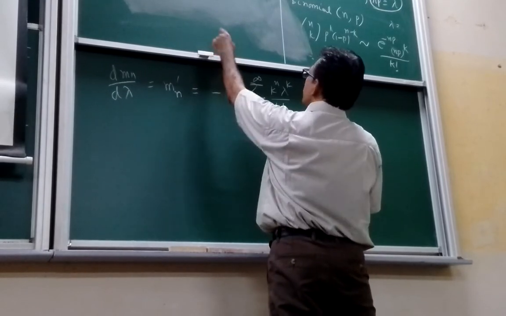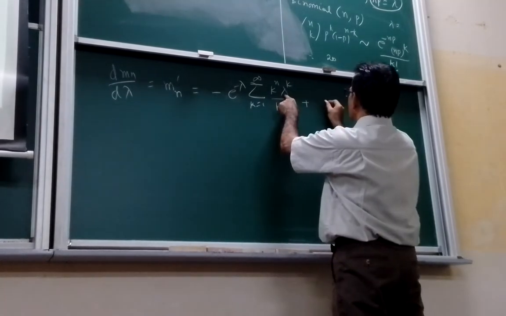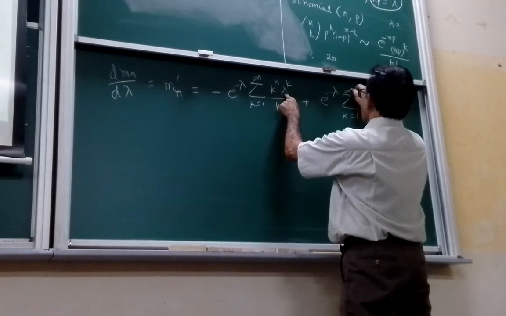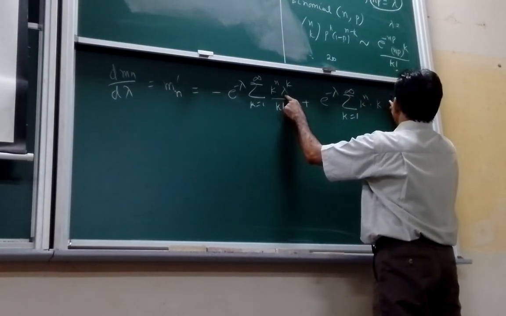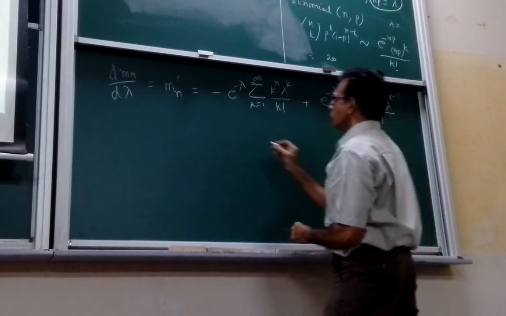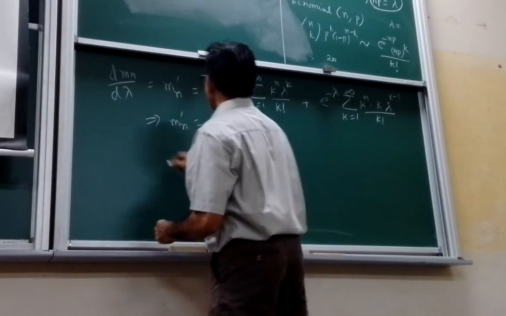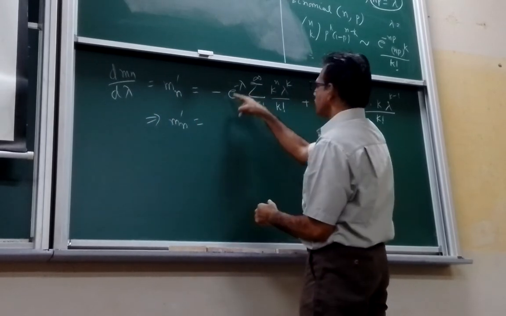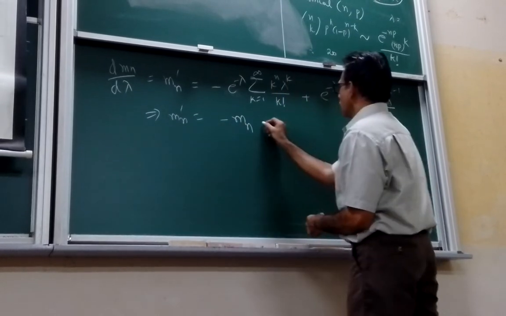If you differentiate with respect to this one, you get this one, and if you differentiate with respect to the other one, you will have e power of minus lambda. So what you are getting is mn dash, and this itself is minus mn plus.